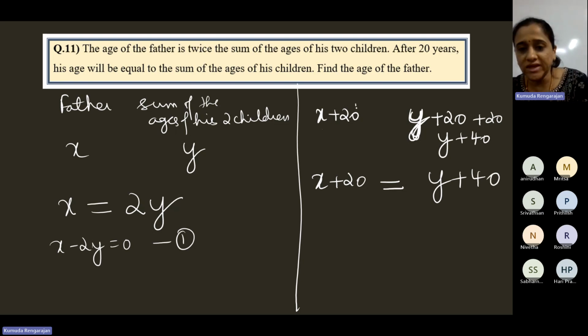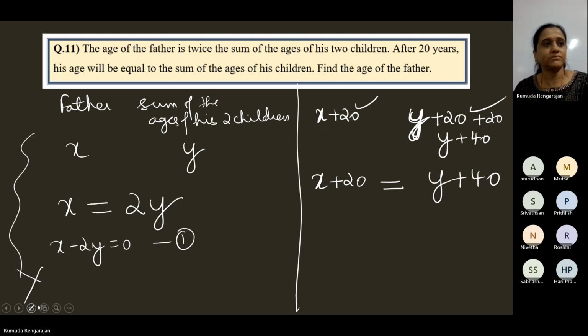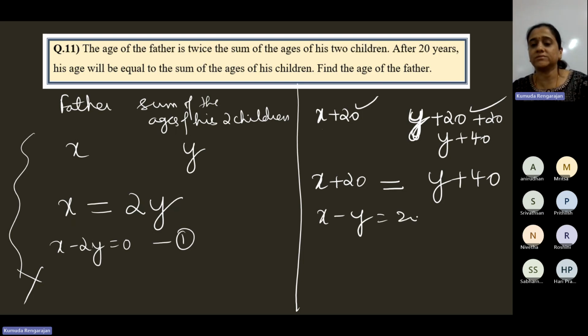You must use the expressions here only, because we are now after 20 years. So you should not use anything here. This is the equation: x minus y is equal to 20. That's the second equation.